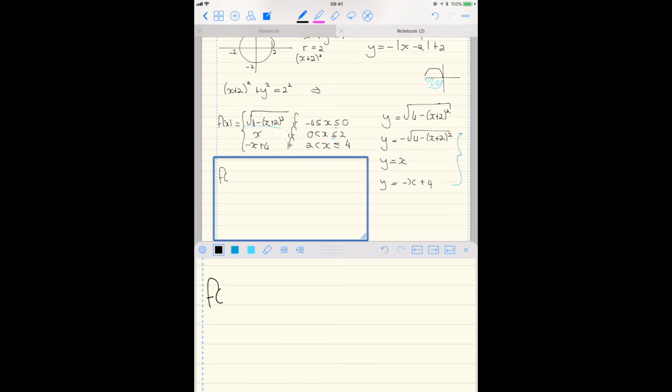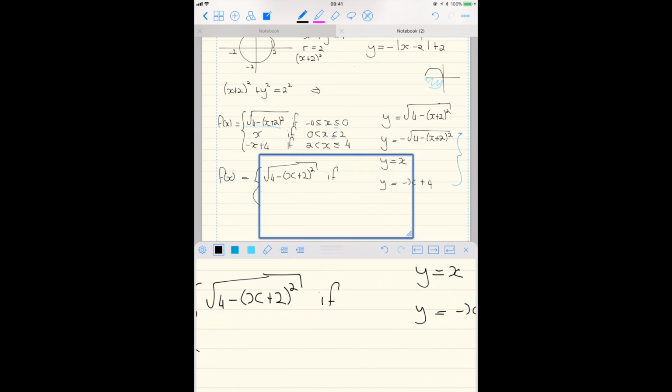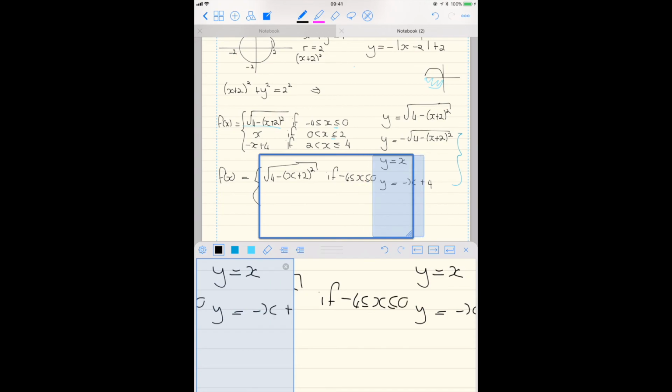We'll say f(x) is equal to minus the square root of 4 minus (x plus 2) squared if x is between minus 4 and 0.